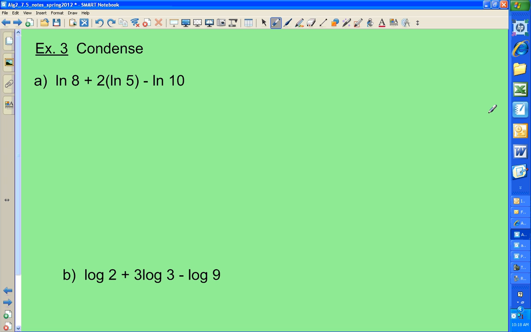But shouldn't you change all the natural logs to use the... Would you use the power? You need to use the power property first. So the power property is on the second term, and it becomes the natural log of 25.